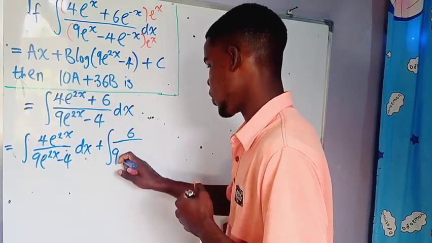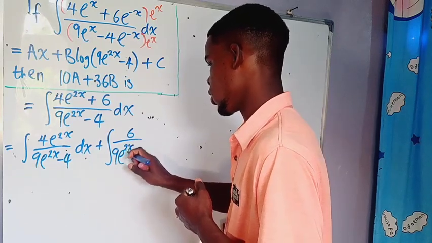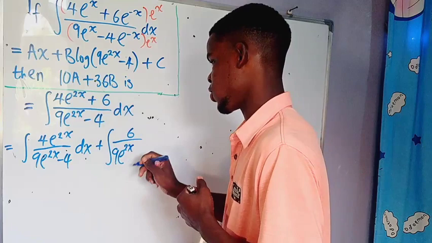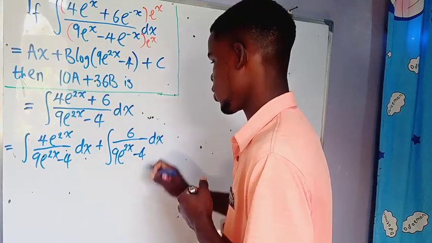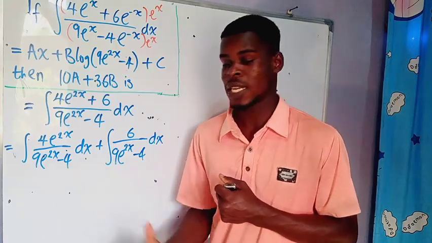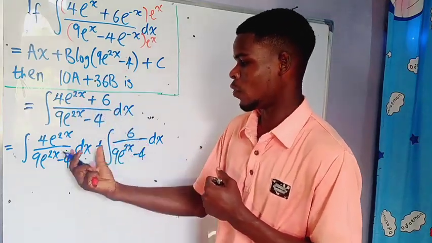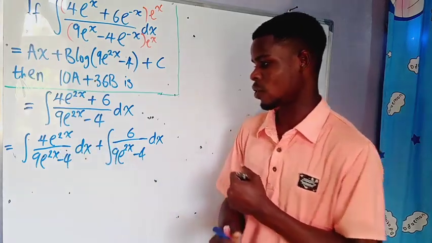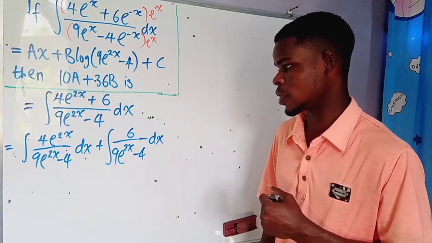That's what we get when we split the fraction. You split the numerators when they are separated by an addition or subtraction sign, and you keep the same denominator for both fractions. Then we put them inside the integral sign as well, because the integral of a sum or difference is the sum or difference of the integrals, from the indefinite integral properties.